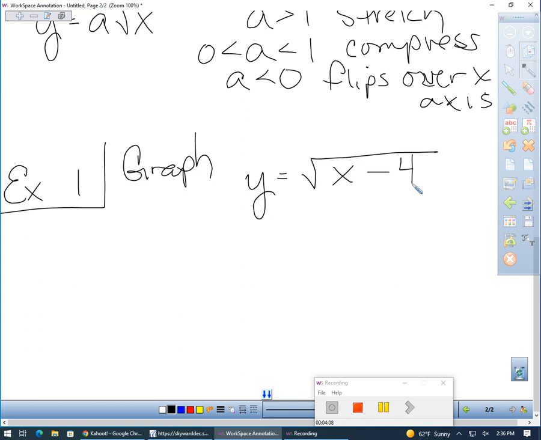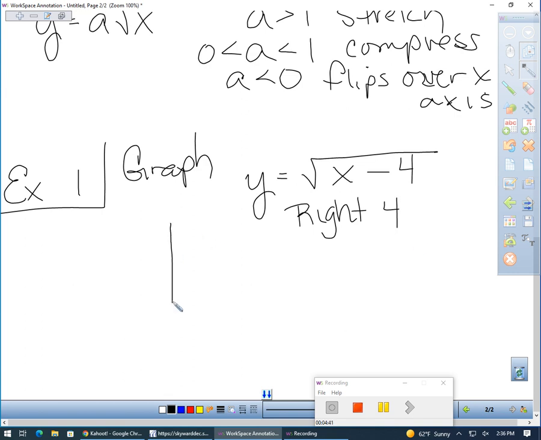What's happening to it? It goes to the right 4. Correct. Right 4. One of the ways we talked about how to know if it goes right or left is what's in with x, you set equal to 0 and solve. If I set x minus 4 equal to 0 and solve it, I get x equals 4. So it goes to the right 4.